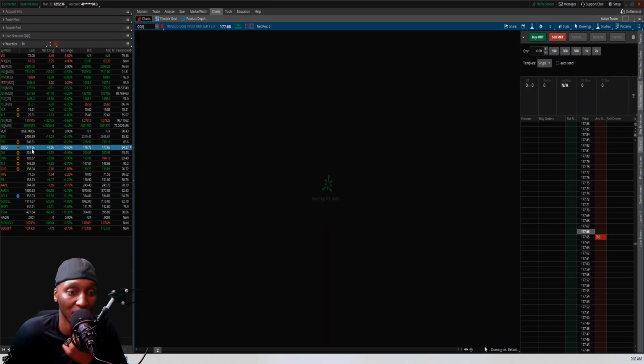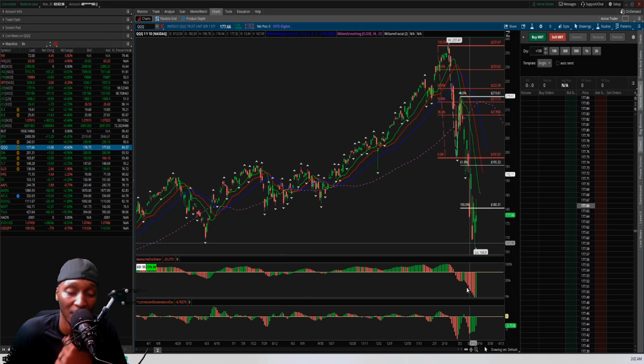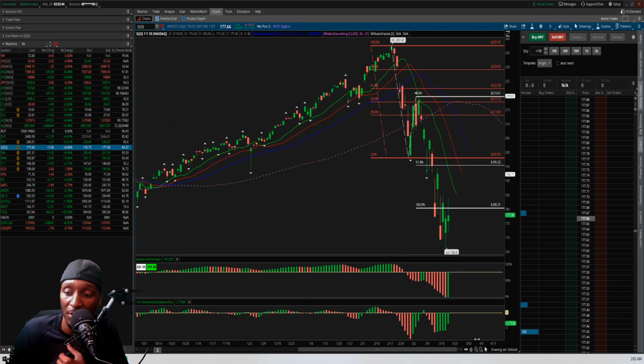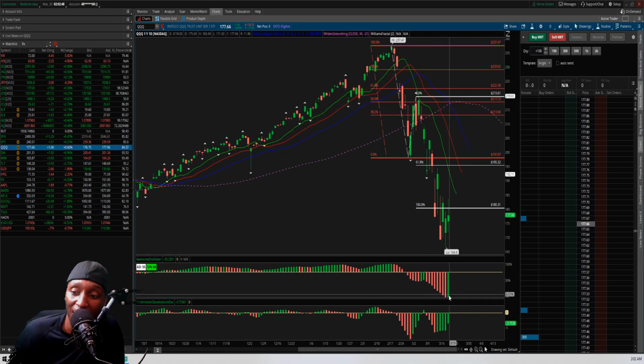Let's look at the QQQs, which is the ETF for the NASDAQ. As you can see, here's momentum to the down. Now when it turns colors and goes green, the momentum is changing. But look, it's still underneath, it's still under. Now this is the daily.